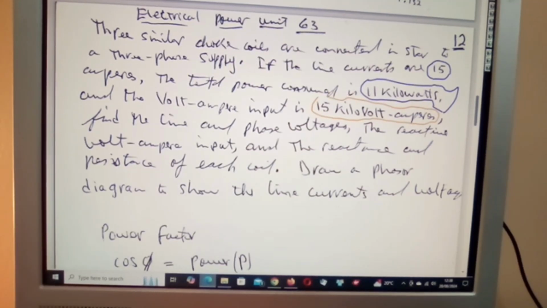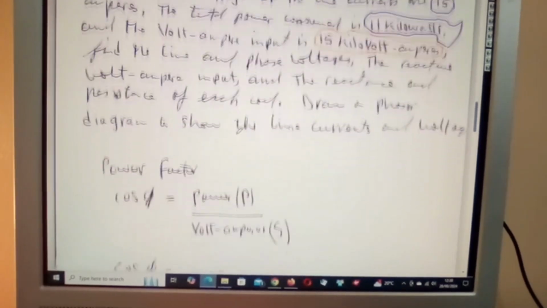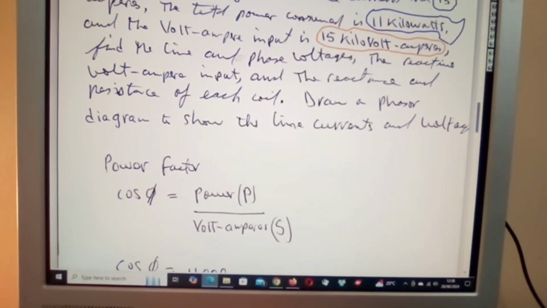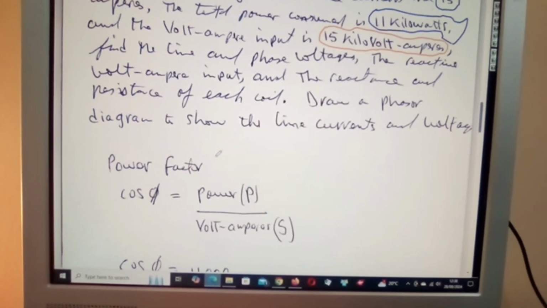So all I'm doing is extracting my information from the information given. What else do I need? What else have I been given? And then I need to draw a diagram of the phasor.